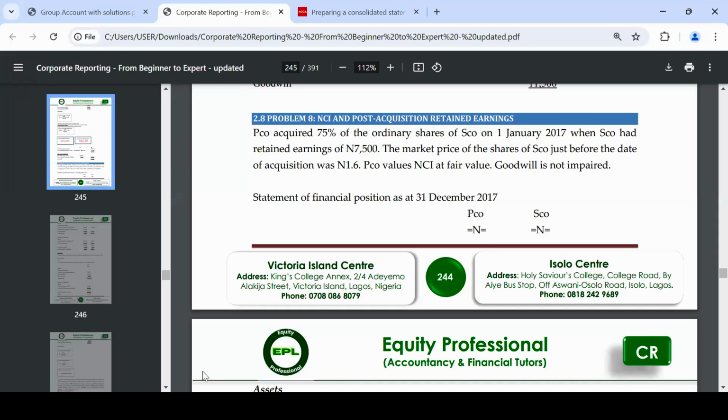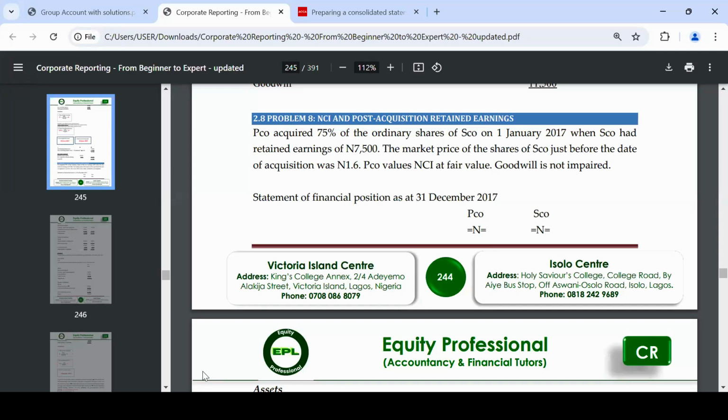Now, in this class, we're going to see another situation whereby there is trading between the parent and the subsidiary, and then you have such inventory still in the books of the parent, and you also have a case whereby the subsidiary has quoted a price at profit.